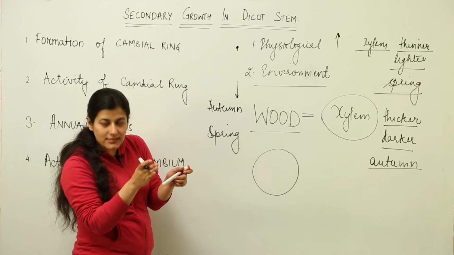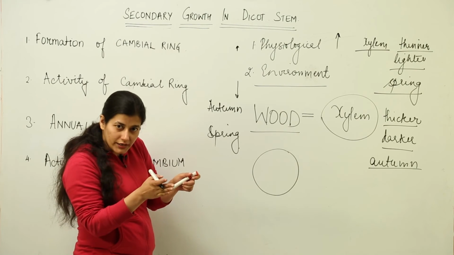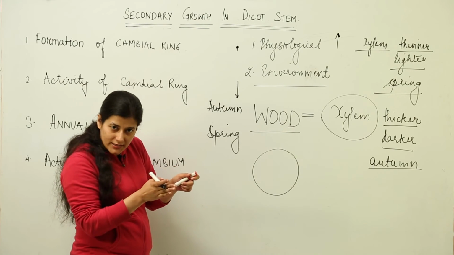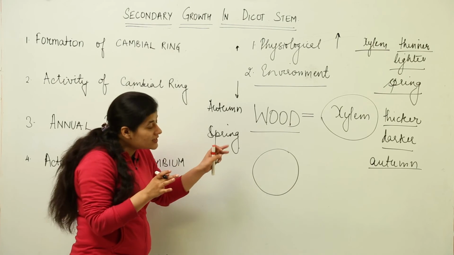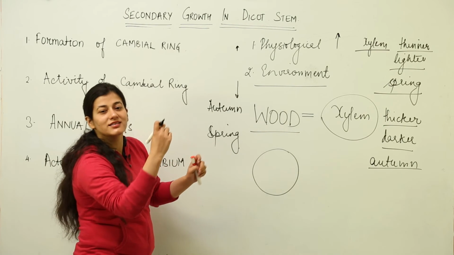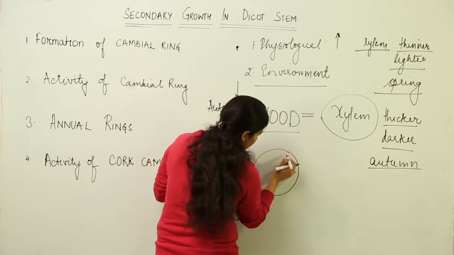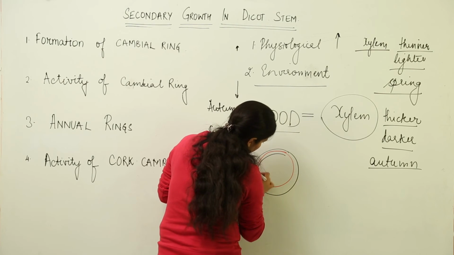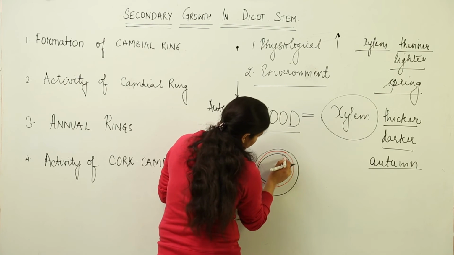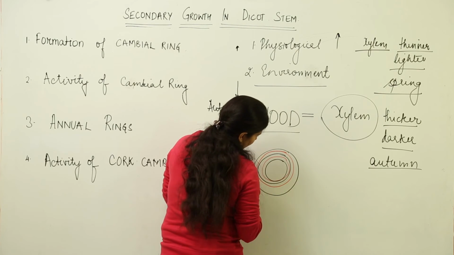Cambial ring is adding xylem lighter in color, then xylem darker in color, then again xylem that is lighter in color. So in this way we are going to find concentric rings with different colors. So we have a dark region, that is autumn wood, then we have a lighter region, that is spring wood, then again autumn and spring.